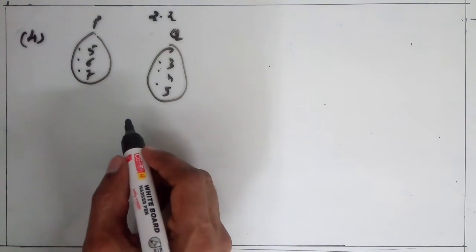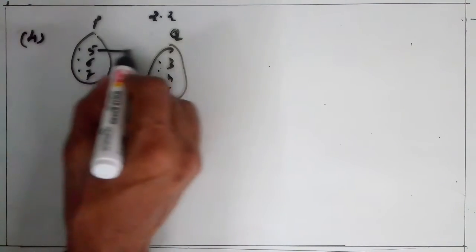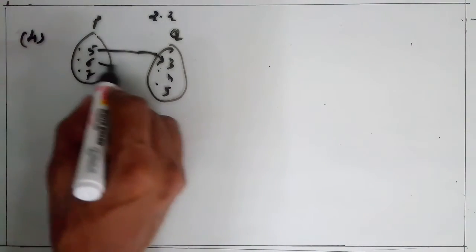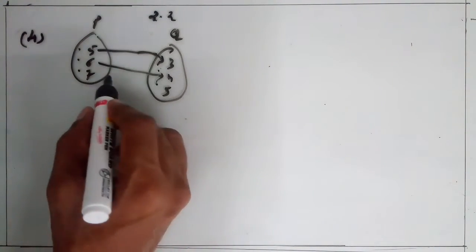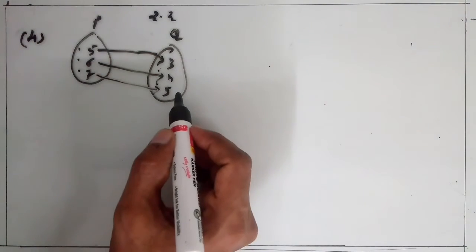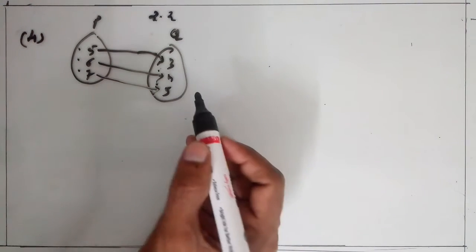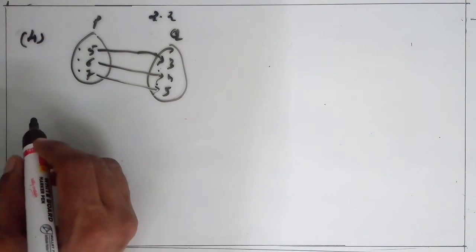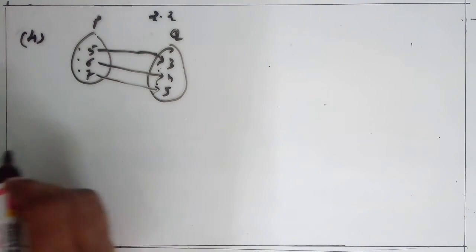Write this relation: 5 with 3, 6 with 4 and 7 with 5, given in the set builder form and roster form.